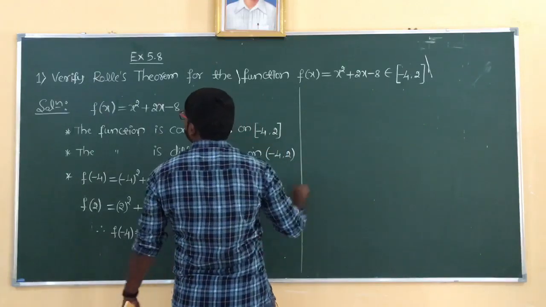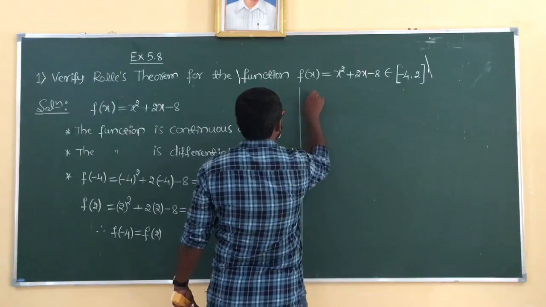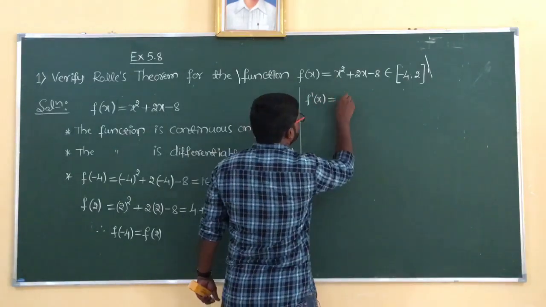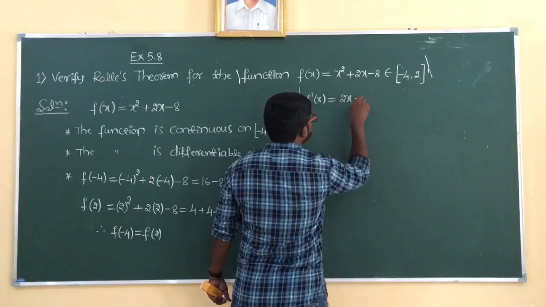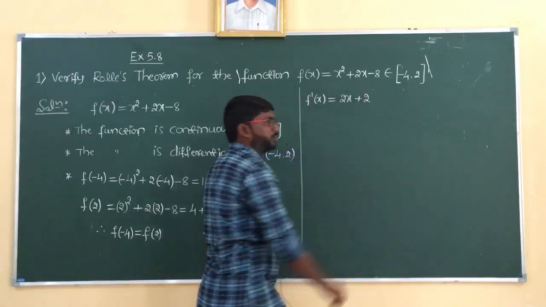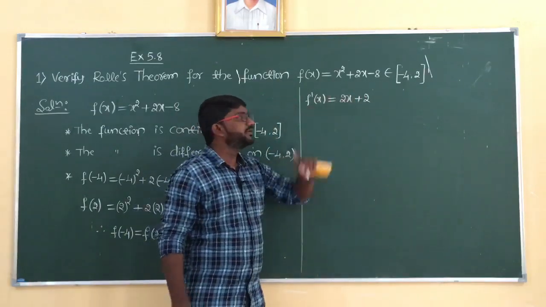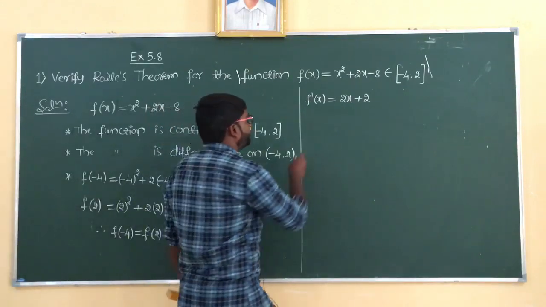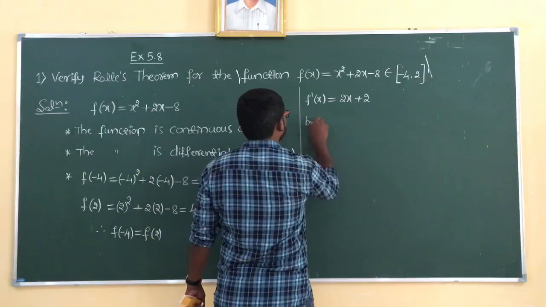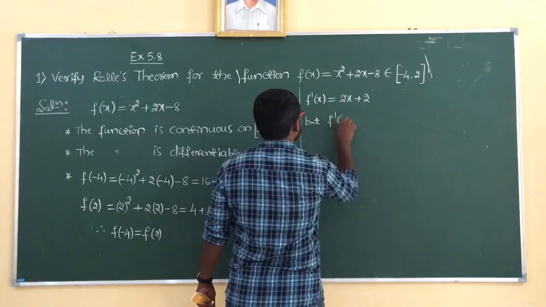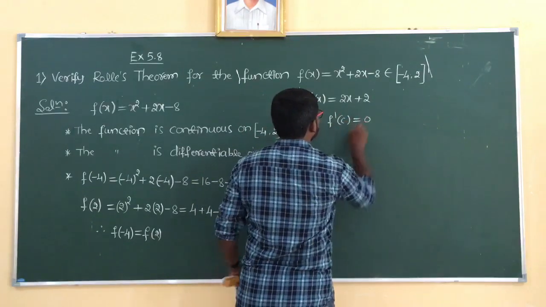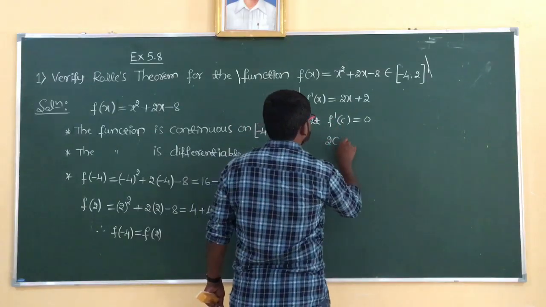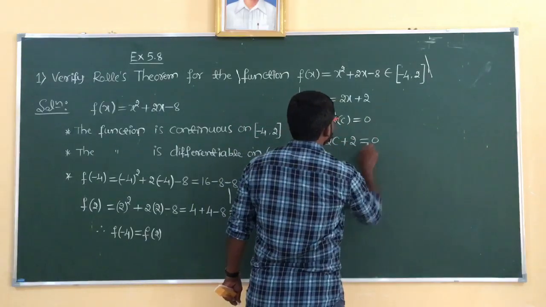So now we have to go for the differentiation. So here f dash of x equals, differentiate this now, derivative of x square will be 2x plus derivative of 2x will be 2. This is f dash of x now, but in Rolle's theorem f dash of c is always equal to 0. So 2c plus 2 equals 0.